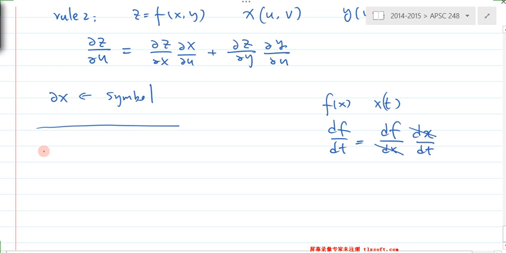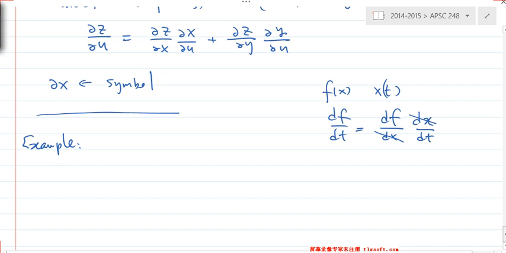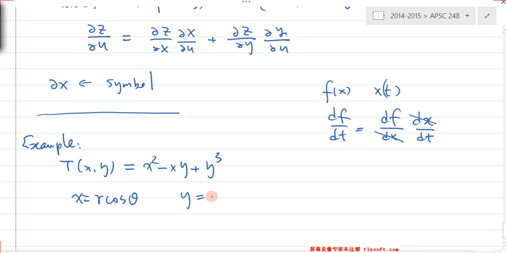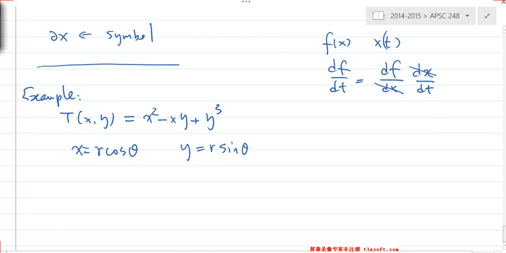Let's try this chain rule here. We have a temperature function, and we're going to have this relationship, as we're going to see in the near future: x equals r cosine theta and y equals r sine theta.